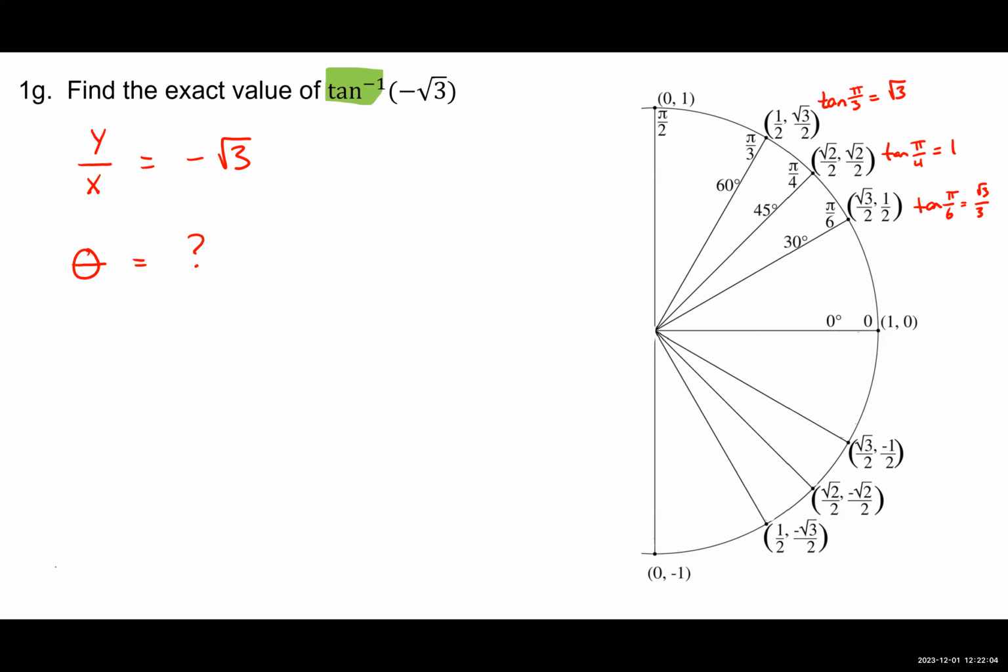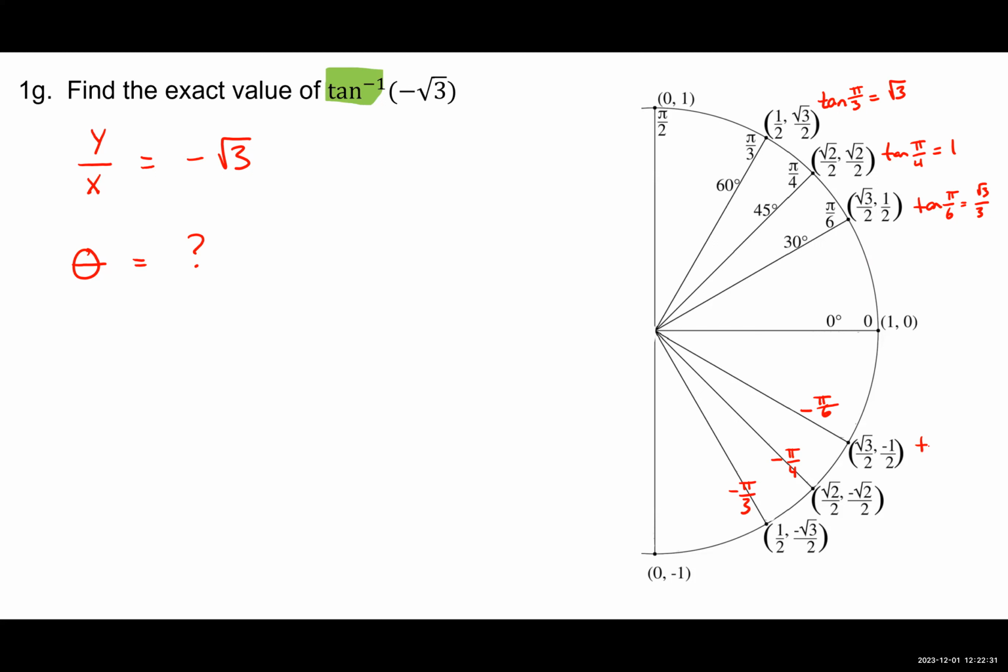And since the fourth quadrant is a reflection of the first quadrant, and this angle, why does that keep coming back? This angle is negative pi over 6. This angle is negative pi over 4. This angle is negative pi over 3.